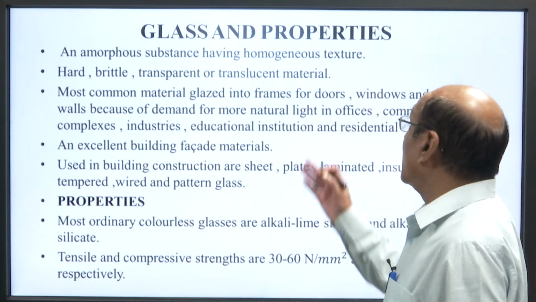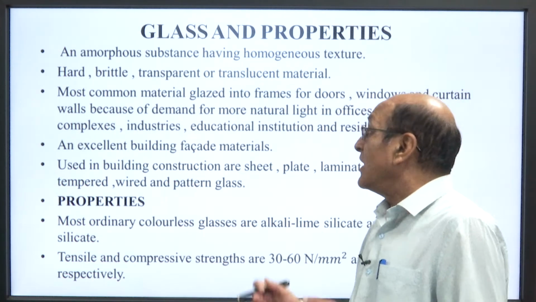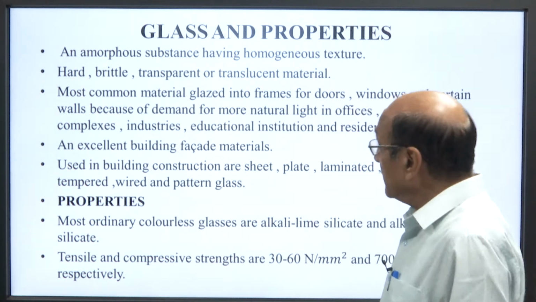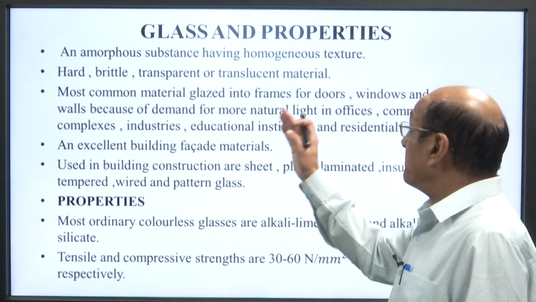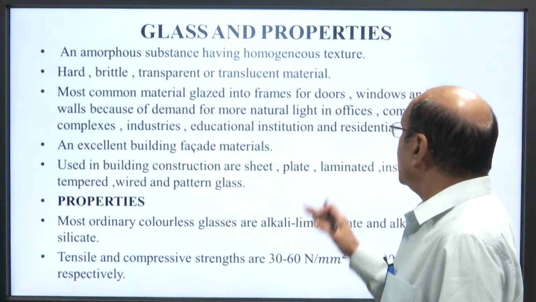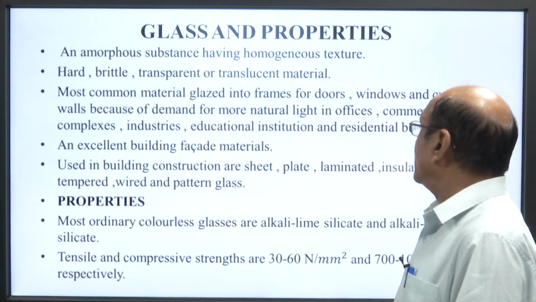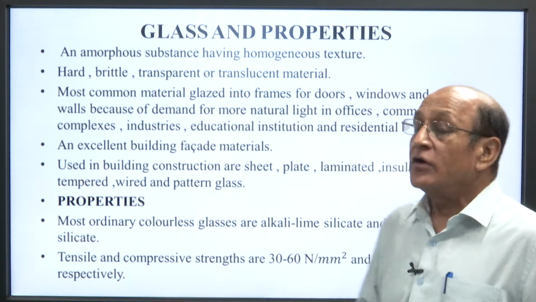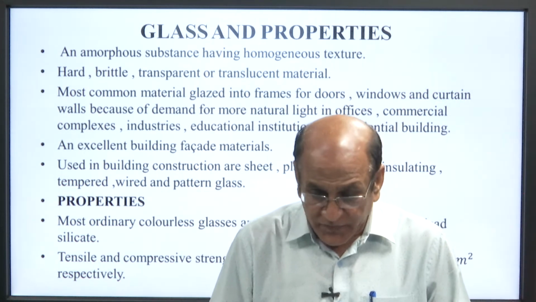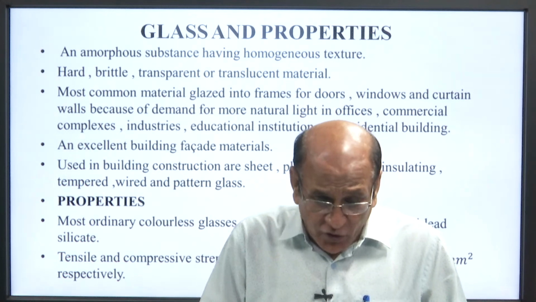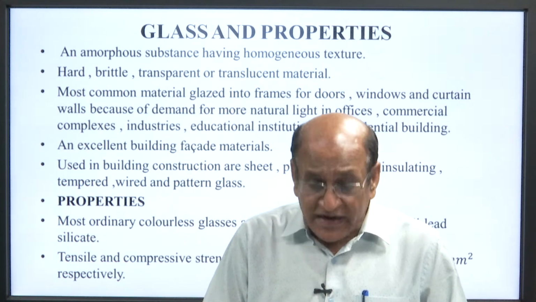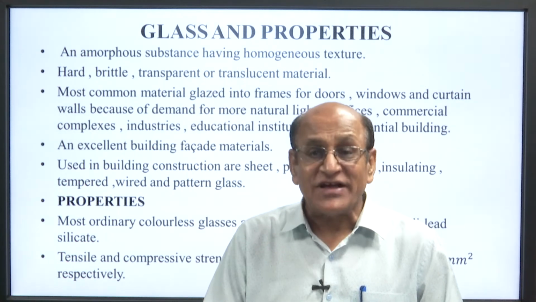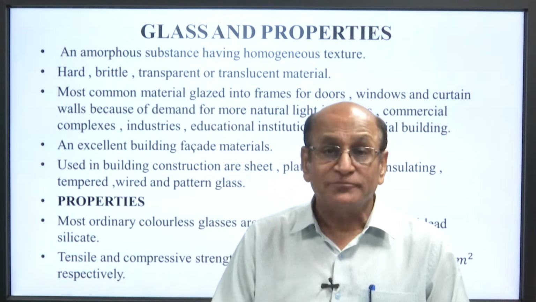Now, come to glass and its properties. Glass is an amorphous substance having homogeneous texture. It is a hard, brittle, transparent and translucent material. It is the most common material glazed into frames for doors, windows and curtain walls because of the demand for more natural light in offices, commercial complexes, industries, educational institutions and residential buildings.